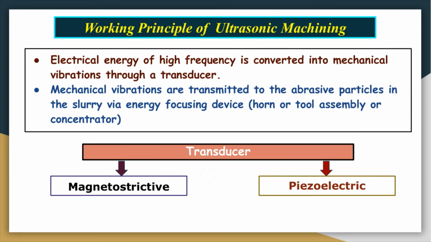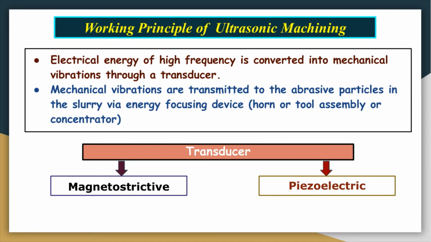One is the magnetostrictive type of transducer, which has low efficiency, but it can produce high power. On the other hand, we have the second type, the piezoelectric type of transducer. It has high energy efficiency and does not require any cooling, so there is no heat damage for this piezoelectric type transducer.